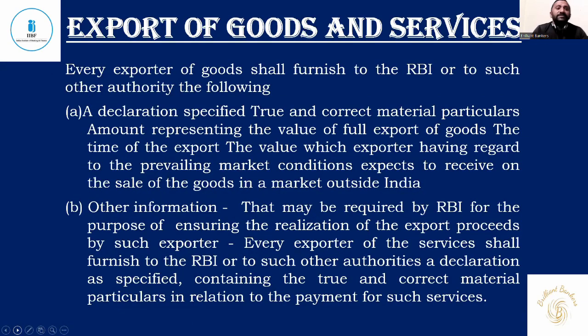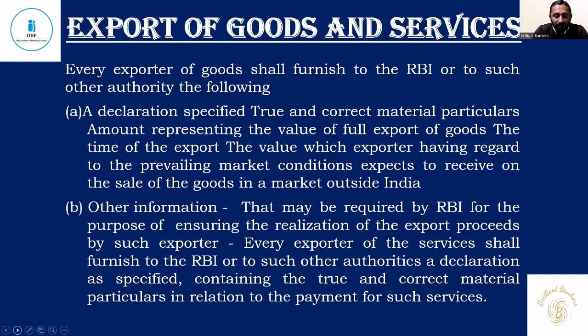If there is an export of goods and services, every exporter of goods shall furnish to the RBI or to other authority the following: a declaration specified, true and correct, the amount representing the value of the full export of goods, the time of the export, the value which the exporter, having regard to the prevailing market conditions, expects to receive on the sale of the goods in a market outside India.